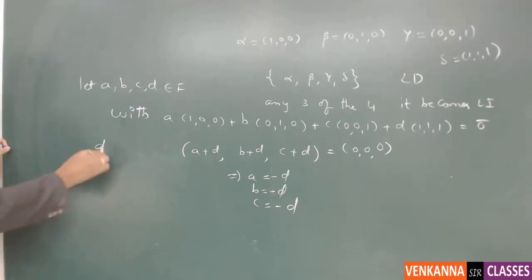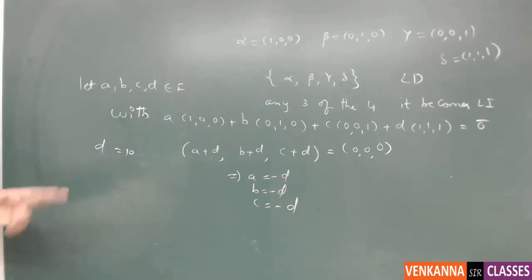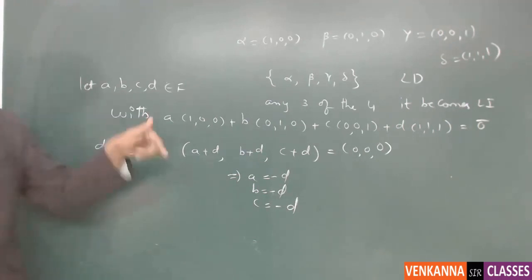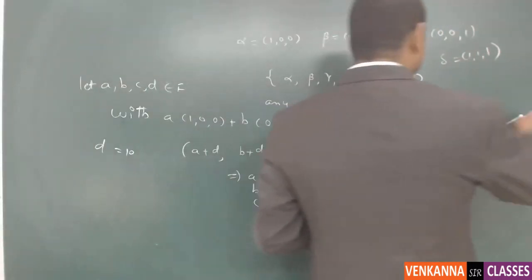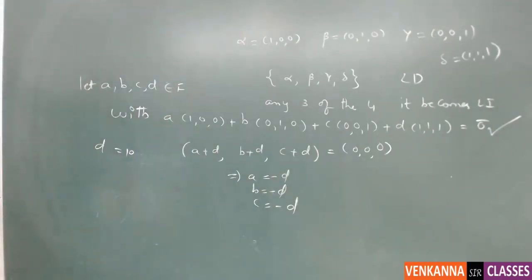If I take D is equal to 1, what are the values of A, B, C? Minus 1, minus 1, minus 1. If I say D is equal to 10, what are the values of A, B, C? Minus 10, minus 10, minus 10. So I can find non-zero numbers A, B, C, D such that the combination is 0. Therefore, the given 4 vectors are LD.